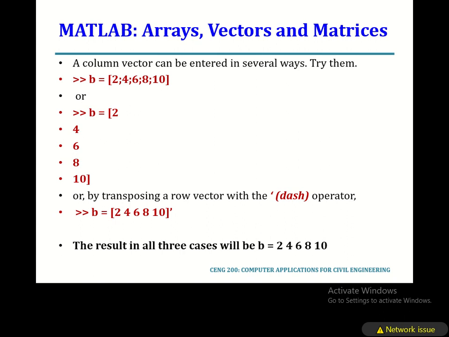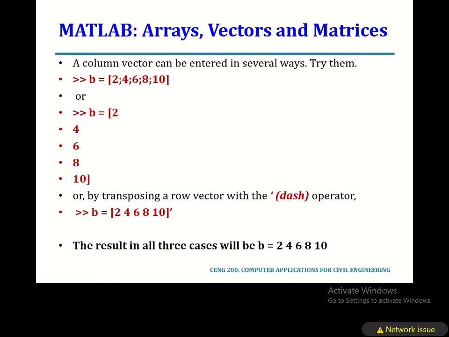Another way of putting values in a column is to use the comma. This will write the values as a row, and the single quote will make it transpose. If I remove it, this is one row. Now if I put it, this is one column. Without it, values are horizontal; with it, the values are vertical.